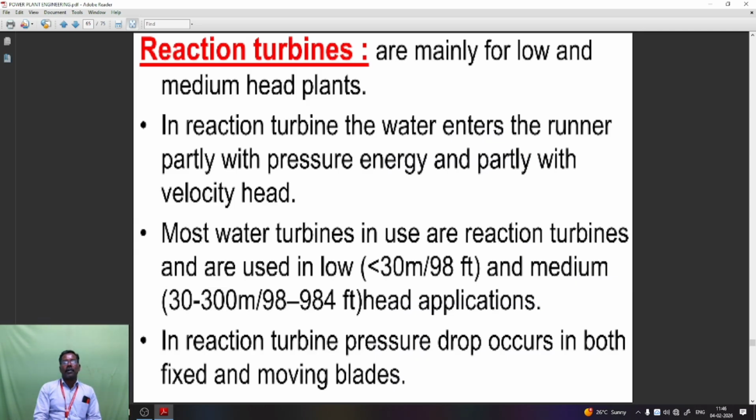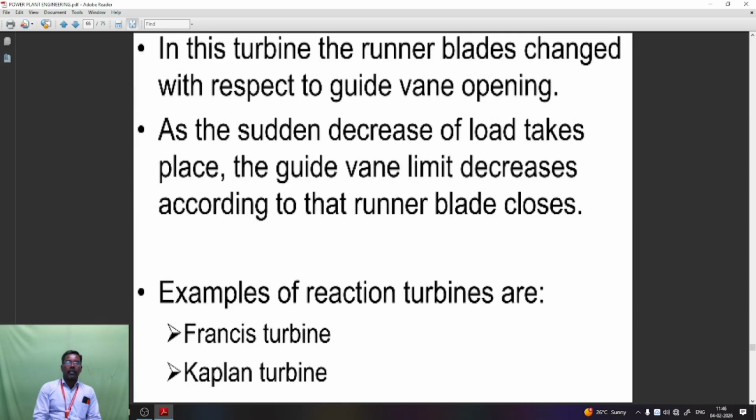Most water turbines in use are reaction turbines and are used in low and medium head applications. In a reaction turbine, pressure drop occurs in both fixed and moving blades. In this turbine, the runner blades change with respect to guide vane opening.